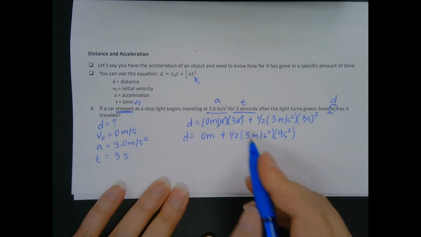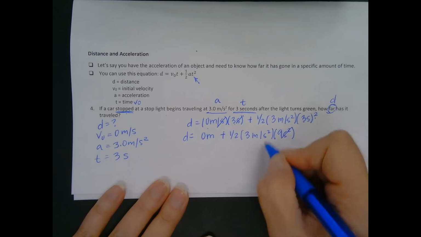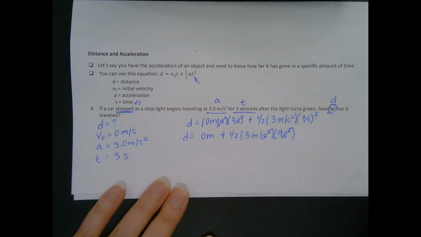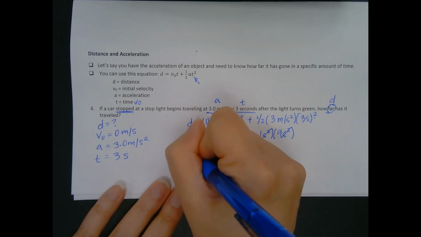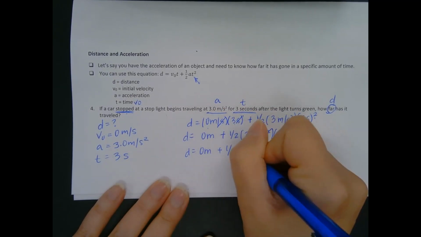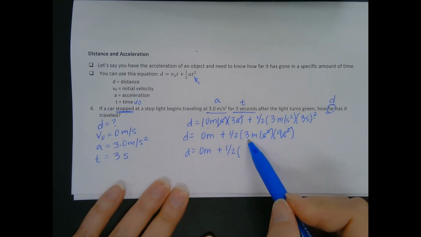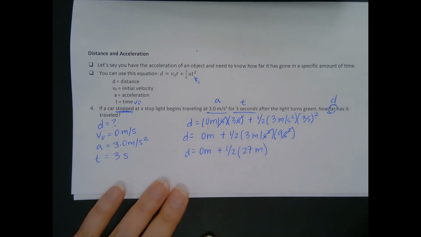Okay, my next step is I'm going to be looking at this one. So seconds squared cancels with seconds squared. So now my distance is going to equal 0 meters plus 1/2 of 3 times 9, which is 27 meters.